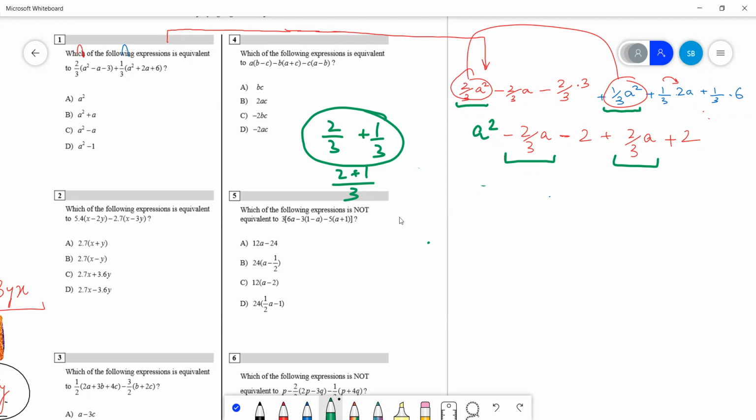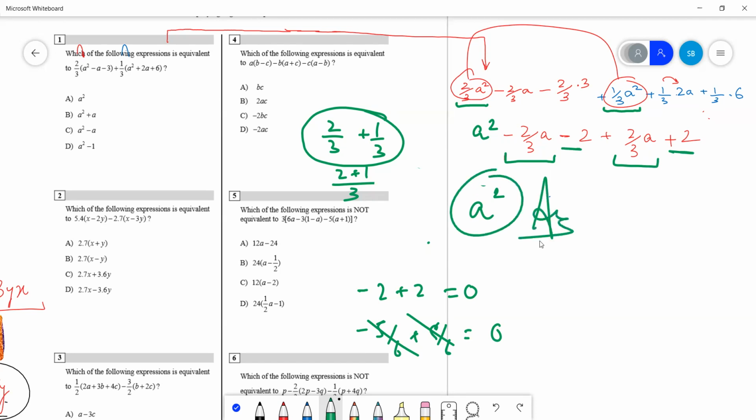Exactly, it is the same as negative 2 plus 2. It's 0 because you're having the same numbers with different signs, so that cancels. So we don't need to write it. It'll be a squared, and then we're having negative 2 and plus 2. How much is that? 0. So it's just a squared, and that is the answer.